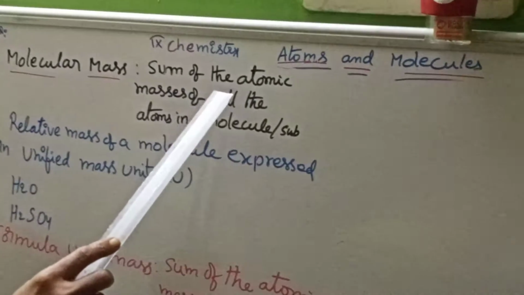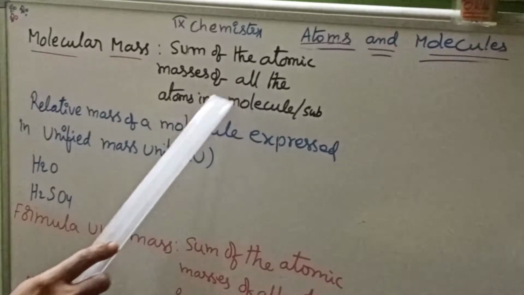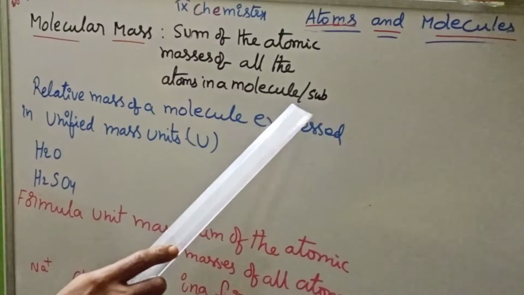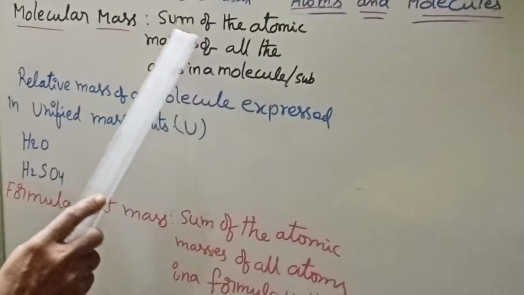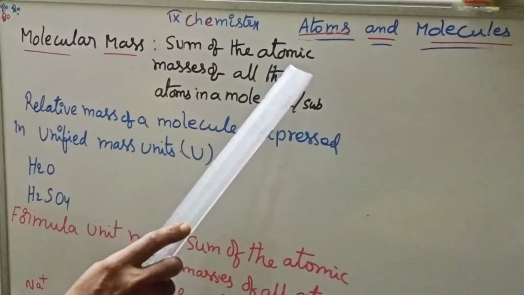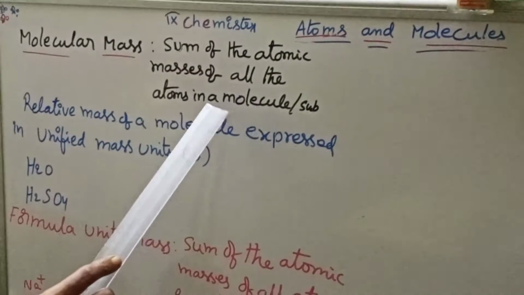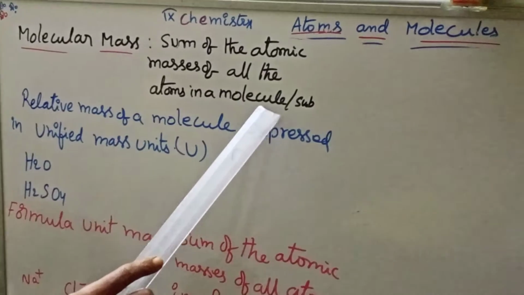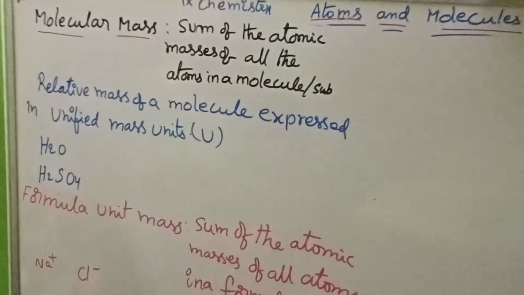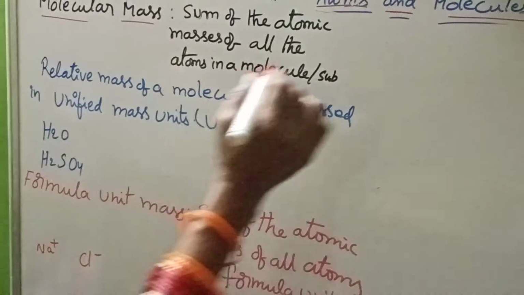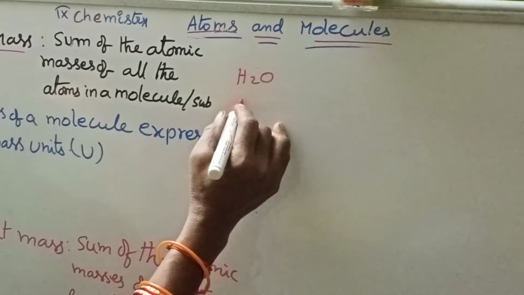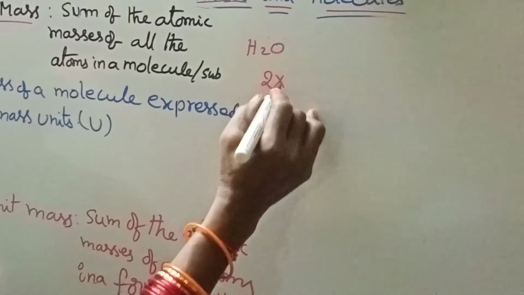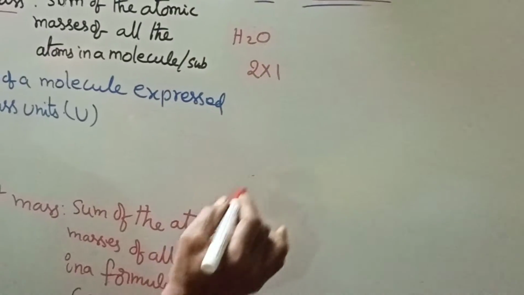Molecular mass is the sum of the atomic masses of all the atoms in a molecule of a substance. Once again, sum of the atomic masses of all the atoms in a molecule of a substance. Let us take for example H2O. In that, 2 hydrogen atoms means 2 into 1, each hydrogen atom mass is 1.